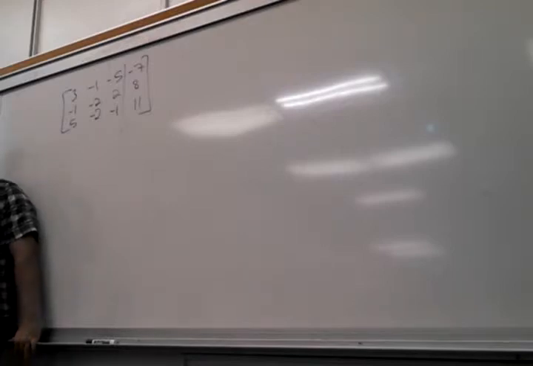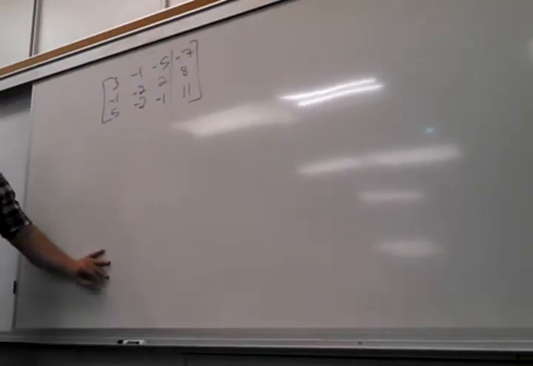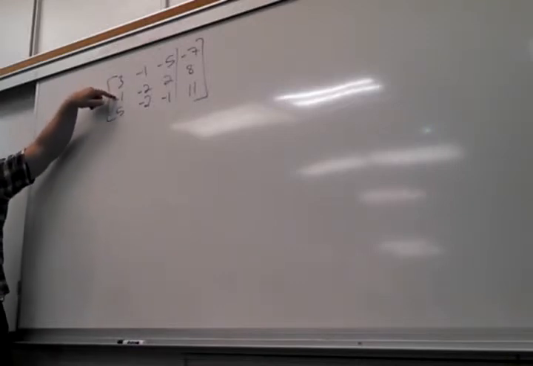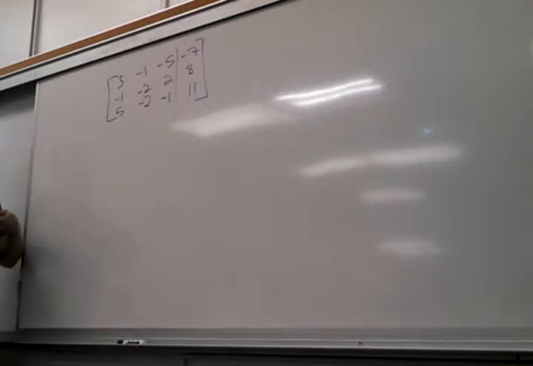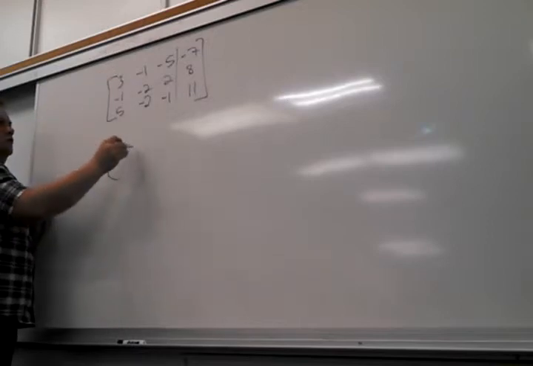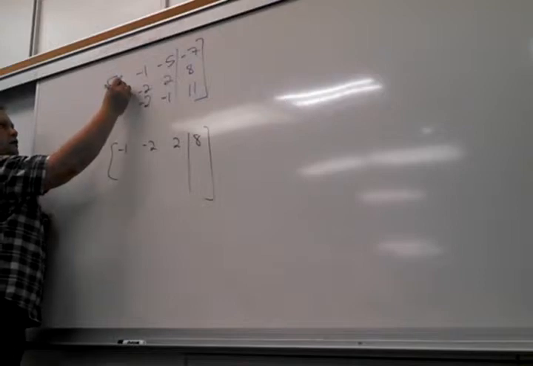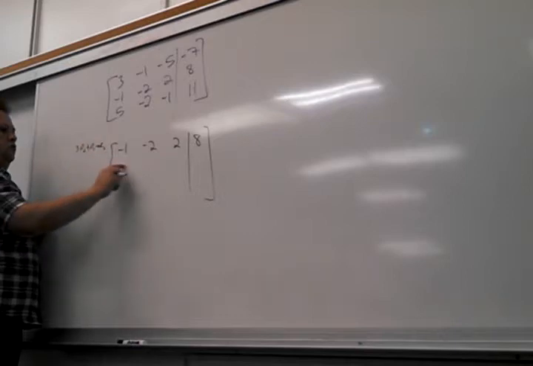All right, so what's kind of nice about this one? I got a -1, right? So I can multiply this by 3 and kill that. I can multiply this by 5 and kill that. So I can move it to the first row. Now if I multiply it by 3, this is 3 times row 1 plus row 2. Put it in row 2 here.